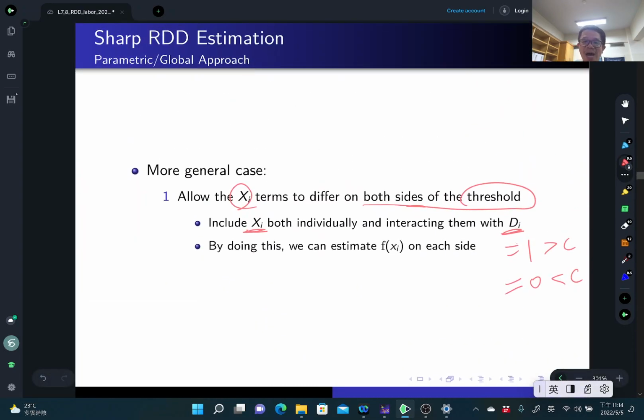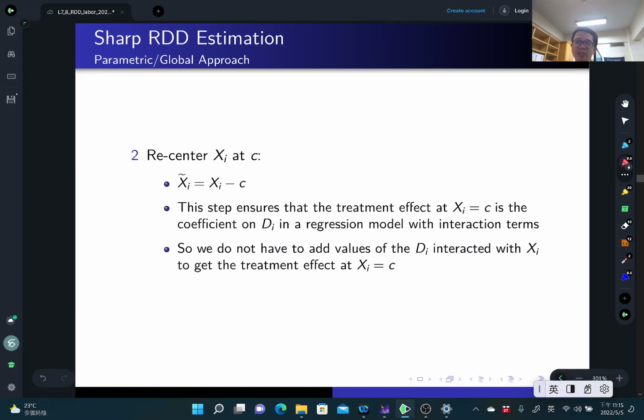So that means we allow the function f on each side to be different. And usually we do not directly use x as our covariate or regressor.